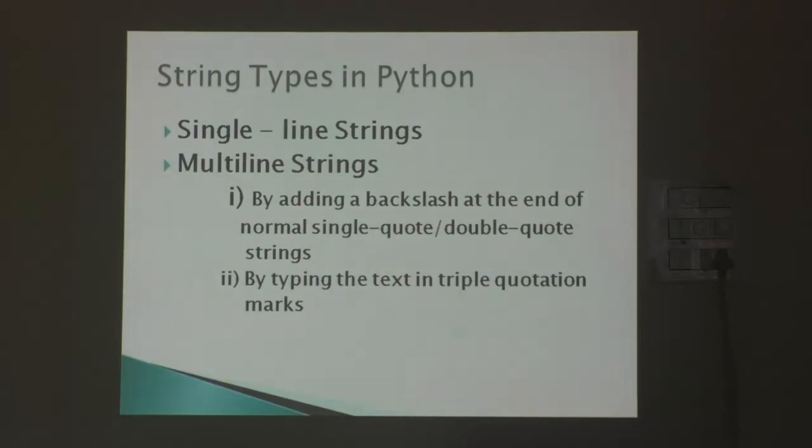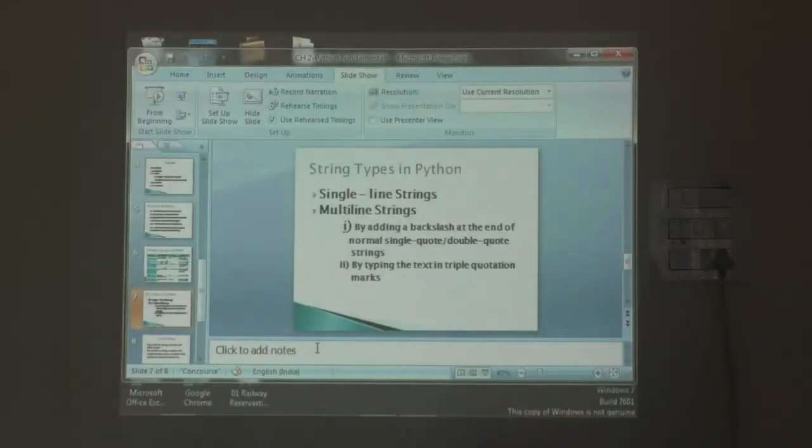Students, don't forget, we can give the string within single quotes, double quotes, or triple quotes. Any quotes we can use. First one is the single line string. I will explain the single line string.